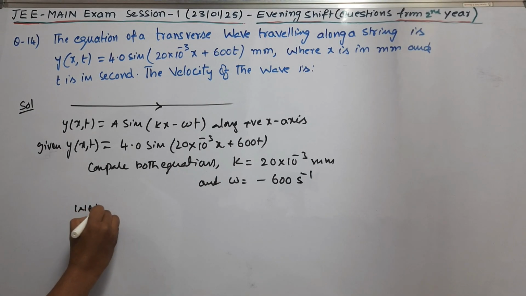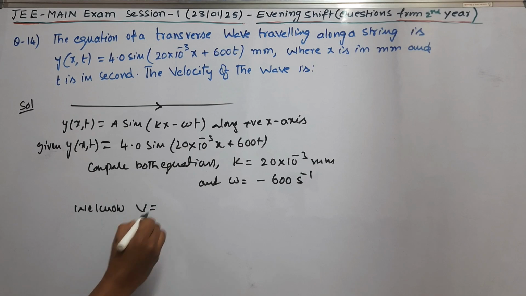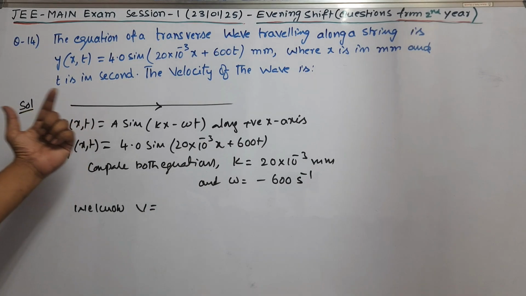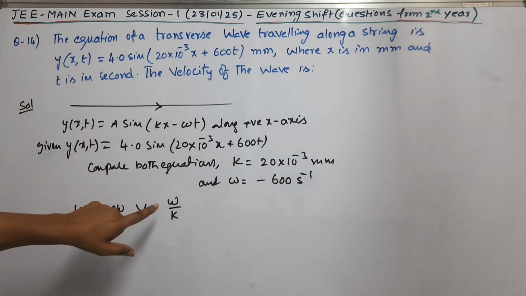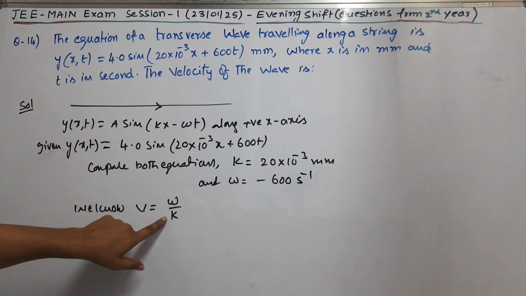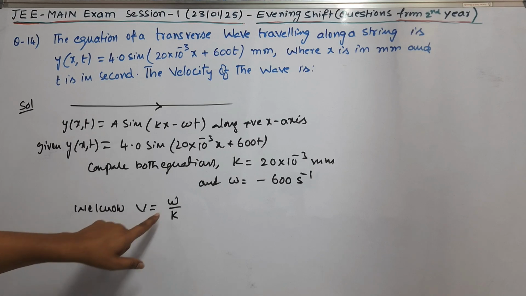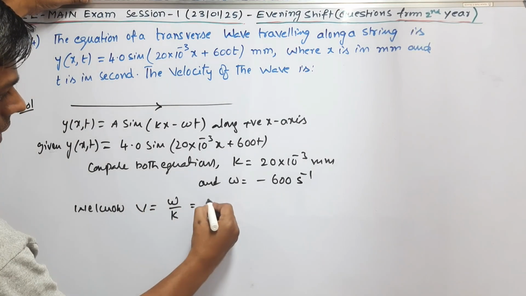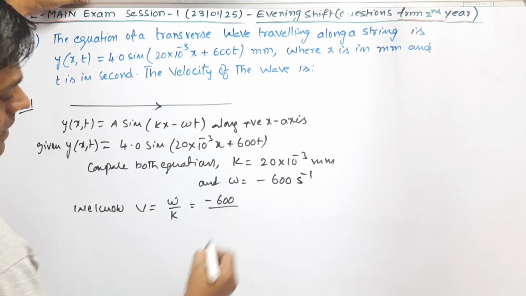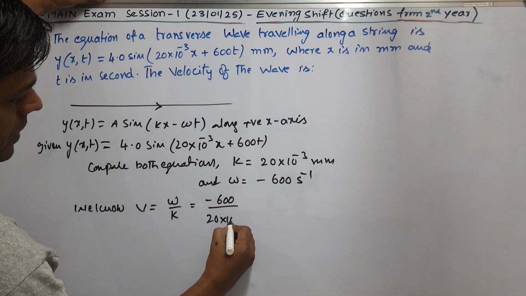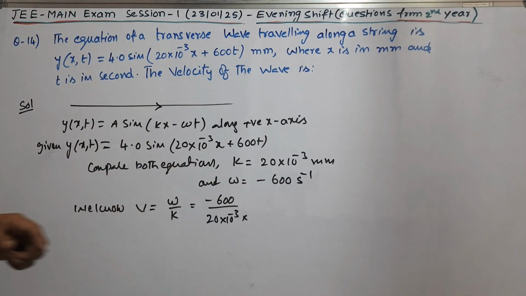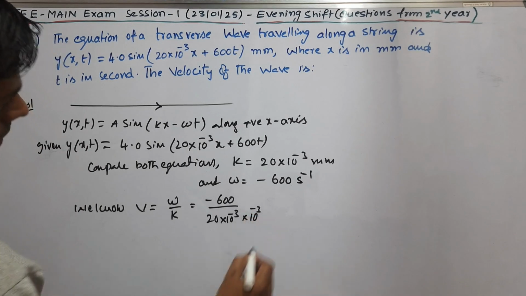So, we know the velocity of a transverse wave along a string, v is equal to omega by k, angular velocity by the propagation constant k. Omega is given, minus 600, by k, where k is 20 into 10 power minus 3 per millimeter, which is converted into per meter, 10 power minus 3 meter.